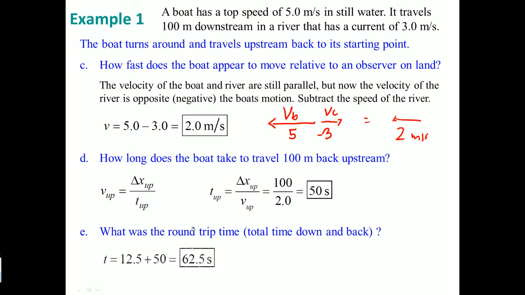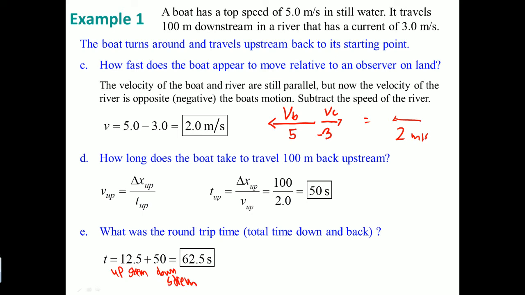Well, we had this one going downstream, then this one coming upstream, so together they make 62.5 seconds.